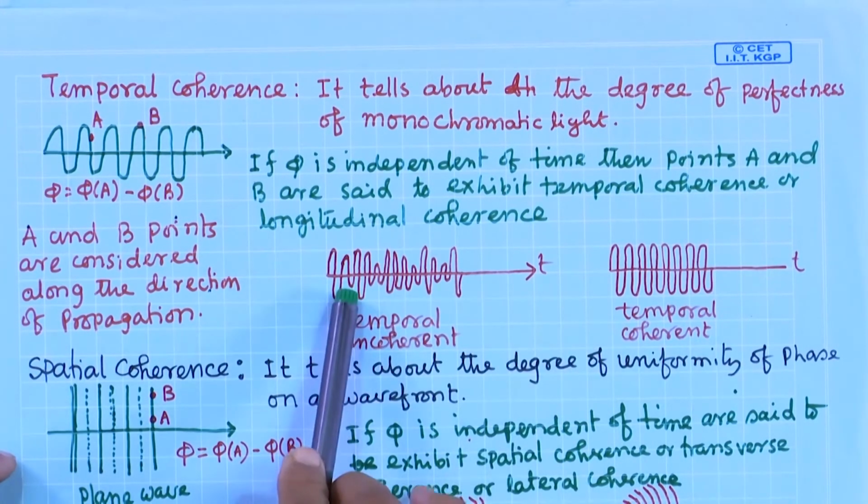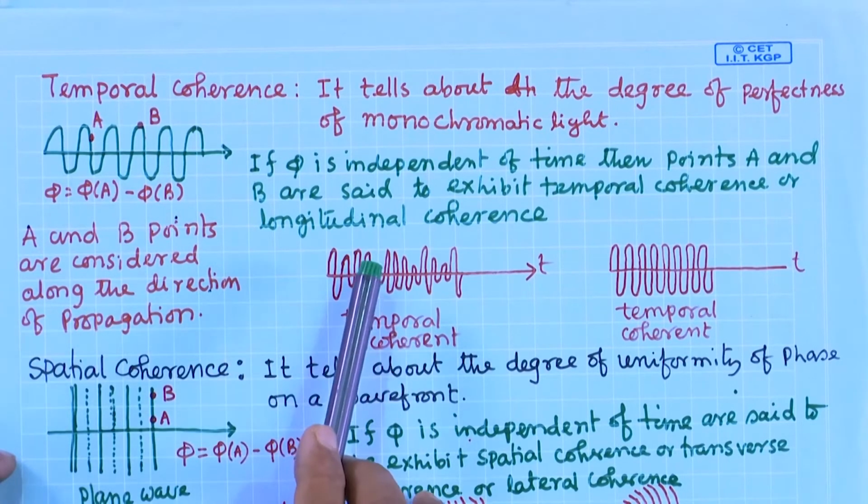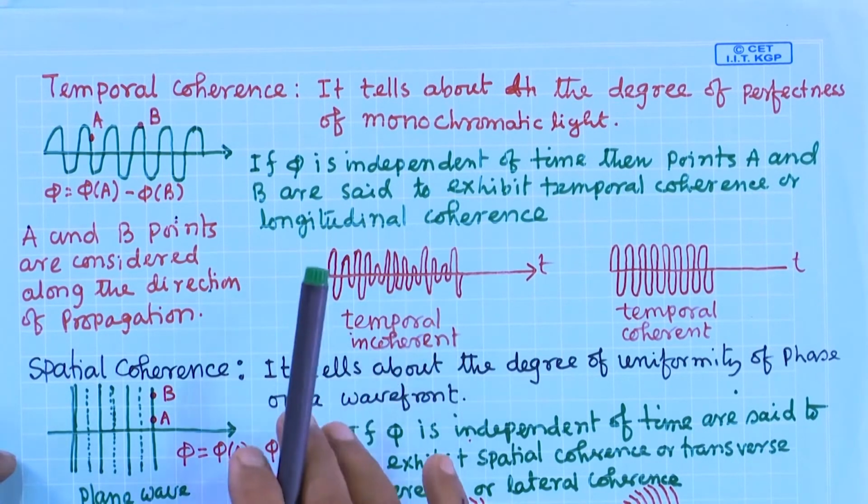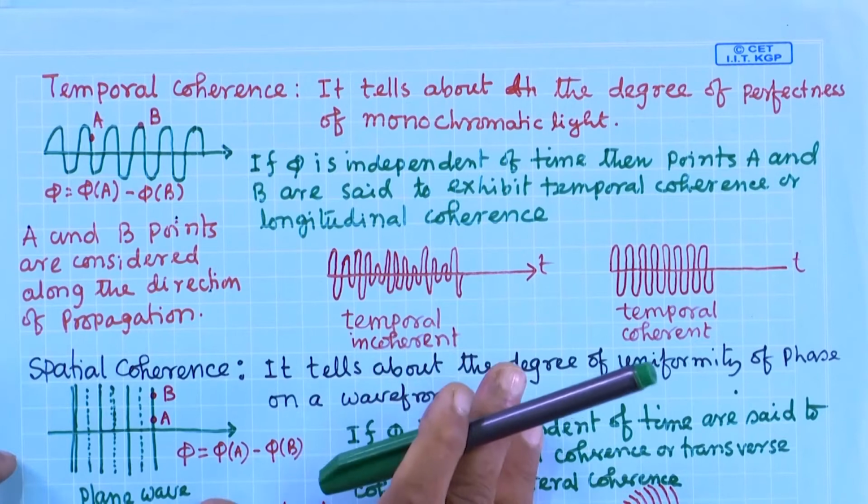Then we say that with time the phase at a point, or the difference between 2 points, will not remain constant. So this source is not coherent.